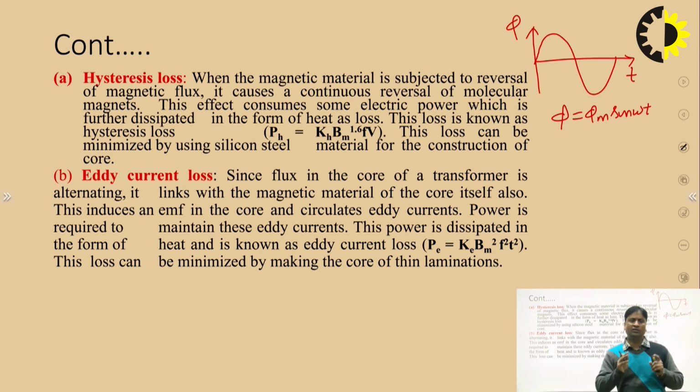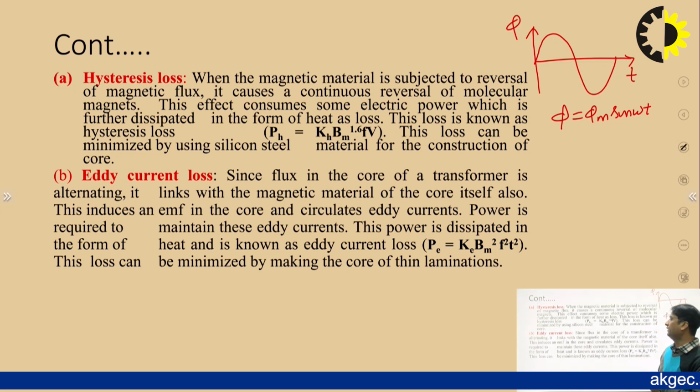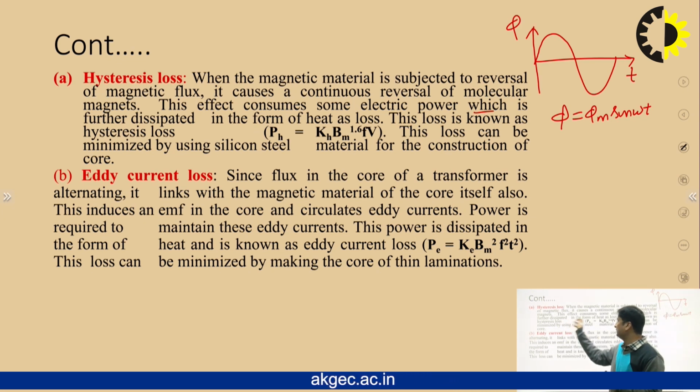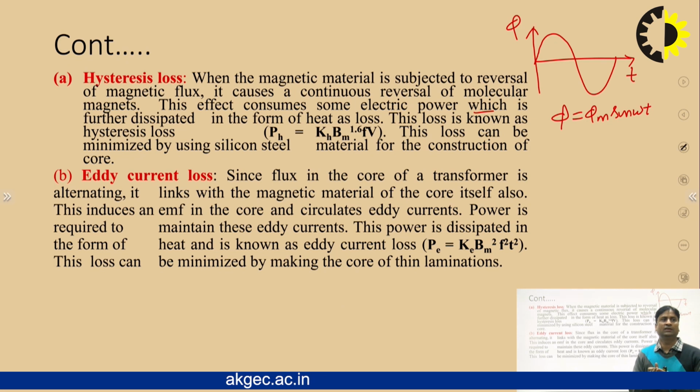Because of this alternating nature of the flux, magnetization and demagnetization of the core take place. Because of this, the reversal of the molecular magnets takes some electrical power, which is dissipated in the form of heat and is known as hysteresis losses.